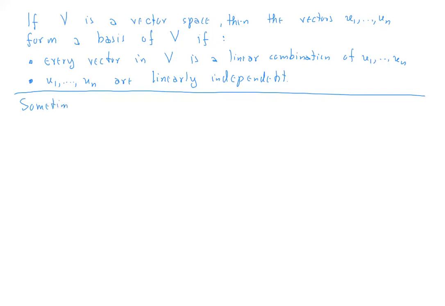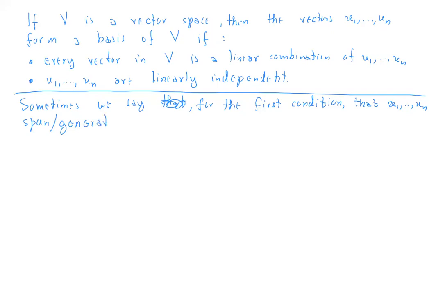Sometimes we say, for the first condition, that u1 up to un span or generate the space V. So what does it mean for a bunch of vectors to span or generate the space V?